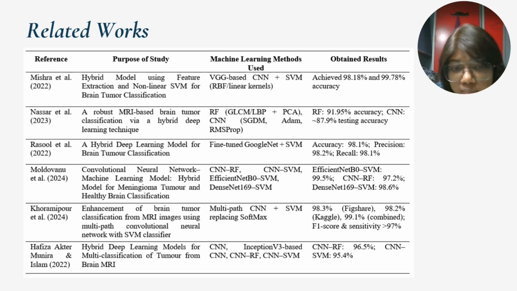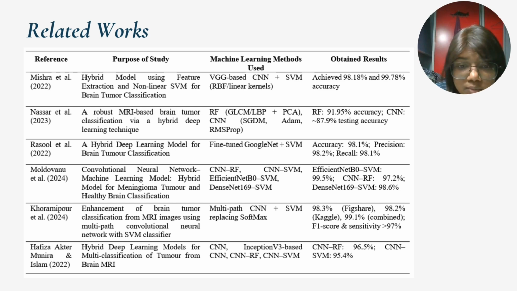all above 97%. Finally, by Hafiza Akhtar, they compared four models: CNN, Inception V3 based CNN, CNN-RF, and CNN-SVM. Among them, CNN-RF achieved the highest accuracy of 96.5%, slightly better than CNN-SVM, which reached 95.4%.